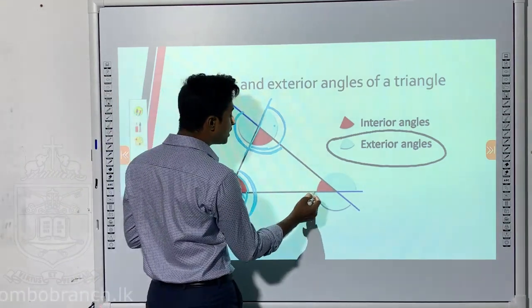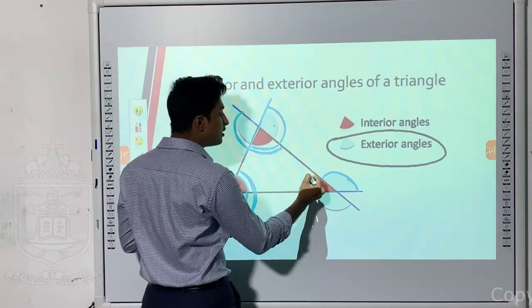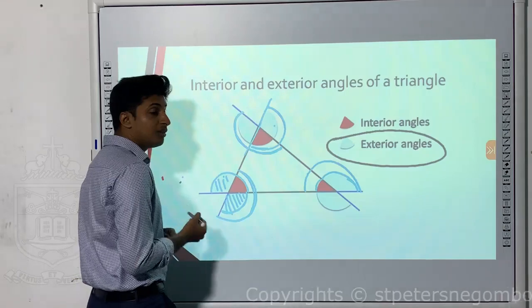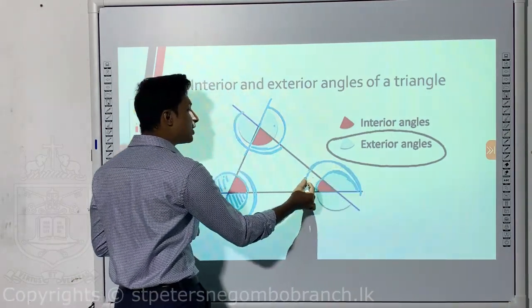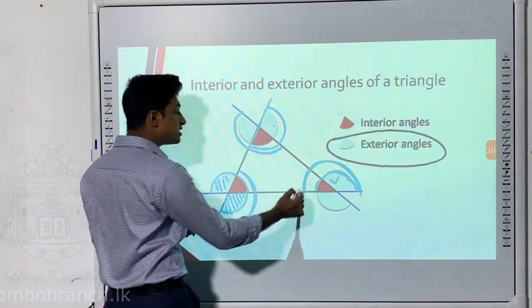Alright, look at this one again. This part can be taken as an exterior angle. Why? Because they are forming a straight line with the interior angle. Same thing with this side.